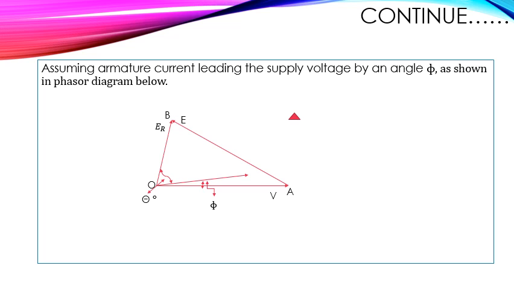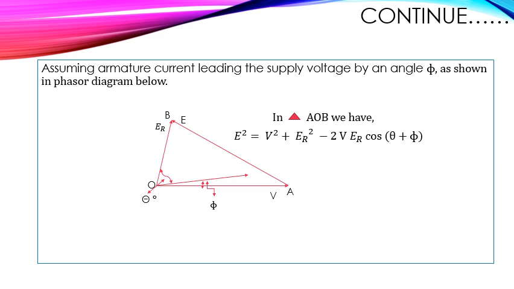Now here, assuming armature current leading the supply voltage by an angle phi, as shown in the phasor diagram. So in triangle AOB we have E square is equal to V square plus ER square minus 2V ER cos of theta plus phi.